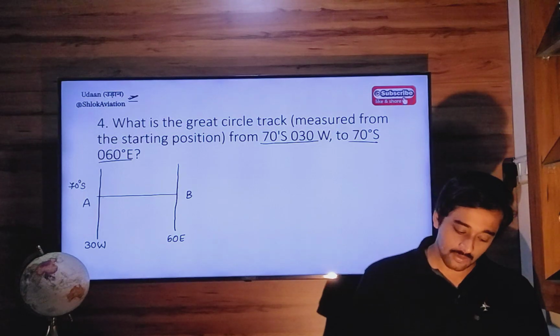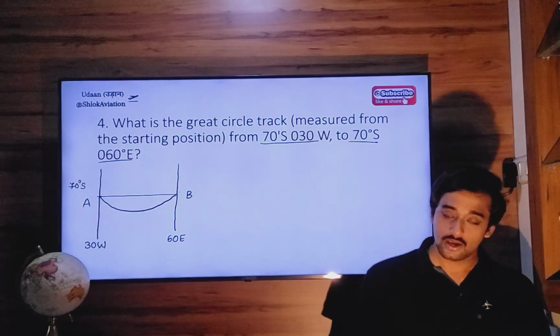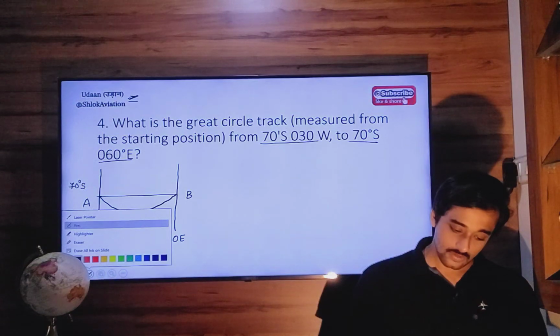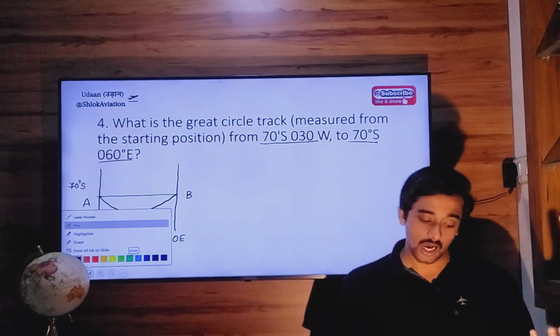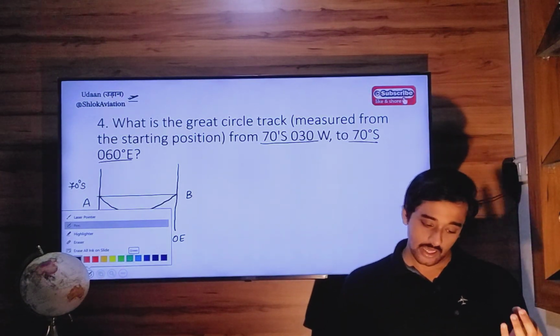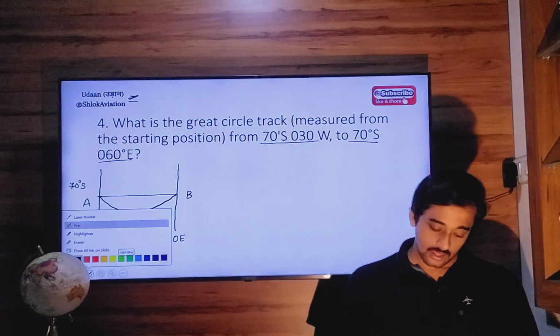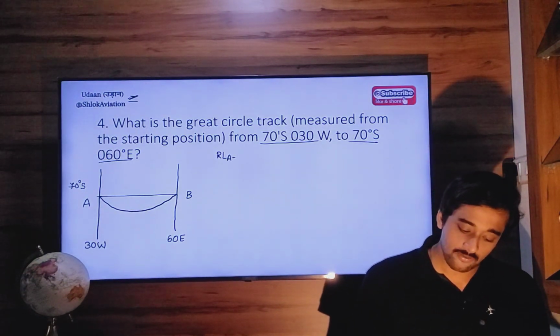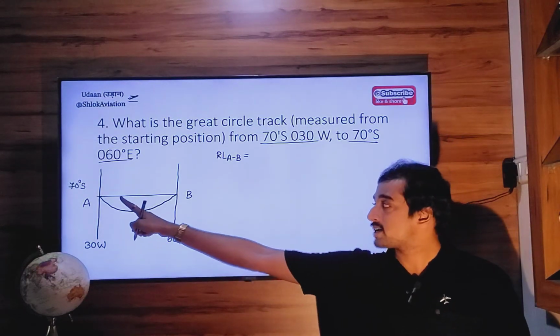Since you are in the south hemisphere, the great circle track will be towards the south pole. Now, we have been asked to find the great circle track from A to B. Now let's write this. Rhumb line track from A to B.